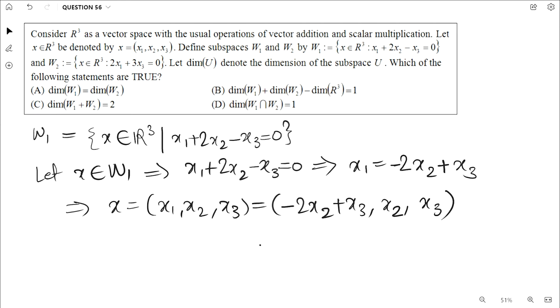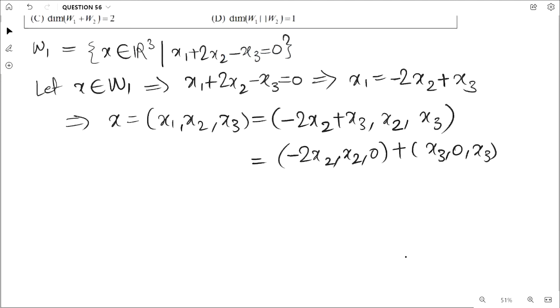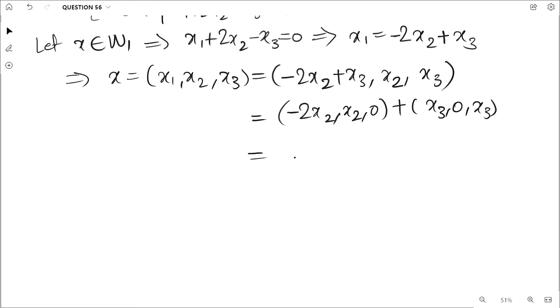So we can write this as (2x2, x2, 0) plus (x3, 0, x3). If we take x2 common from the first term, we are left with (2, 1, 0), plus x3 times (1, 0, 1).